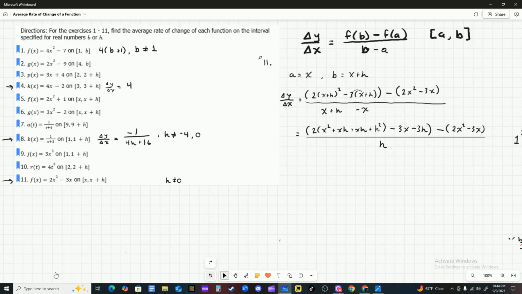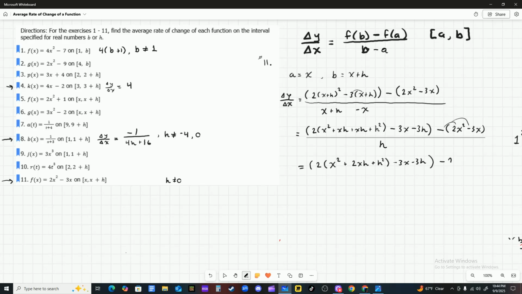All right, so let's do the first step. Let's leave the 2 alone first, like I mentioned, and let's simplify the inside polynomial. So x squared plus 2xh plus h squared minus 3x minus 3h, all of this minus, I'm going to distribute the negative into here.